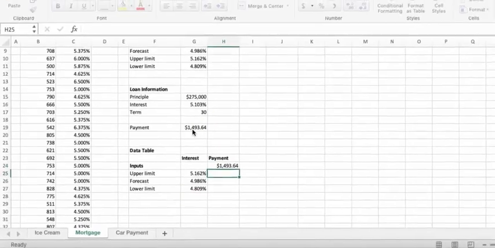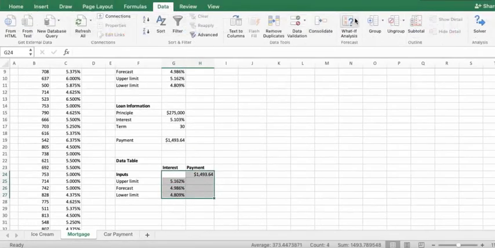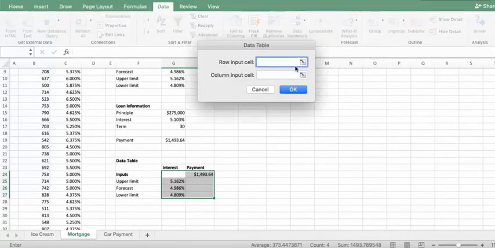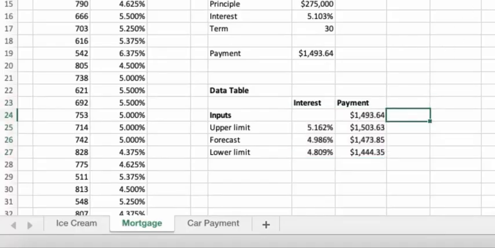So now I'm ready to construct my one-way data table. So Data, What-If Analysis, Data Table. My column input cell is going to be the interest rate portion of my model. And when I click OK, I'll calculate the payment amounts for my most likely case again, which is my forecasted amount, my best case scenario, which is my lower limit for interest rate, and my worst case scenario.